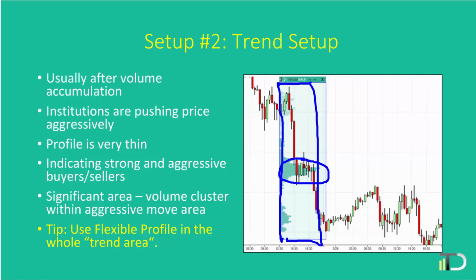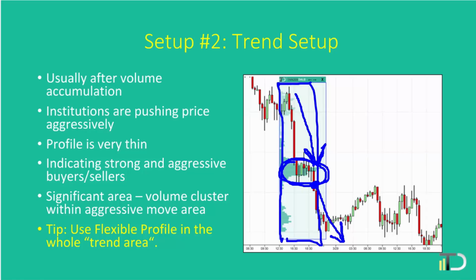And what happened is that strong sellers were pushing the price lower. Then they stopped for a while and started adding to their selling positions in this sideways price action. After that, when they added enough to their selling positions, they pushed the price even lower from there.